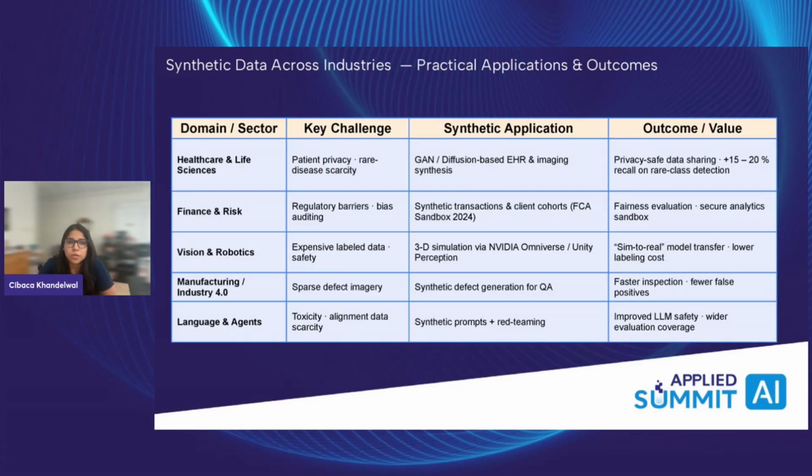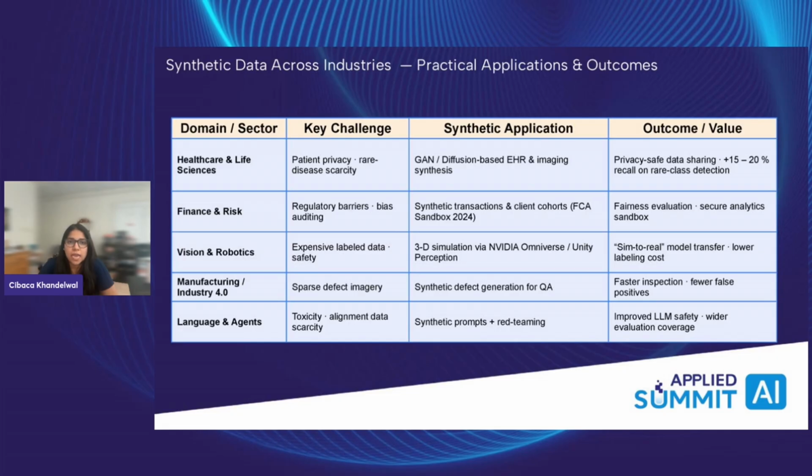The next most popular domain which we come across is vision and robotics. Obviously, due to the limited advances in terms of hardware and other compute requirements, data labeling and data safety is a very expensive challenge that we face. So this has been mitigated in synthetic applications by 3D simulation.